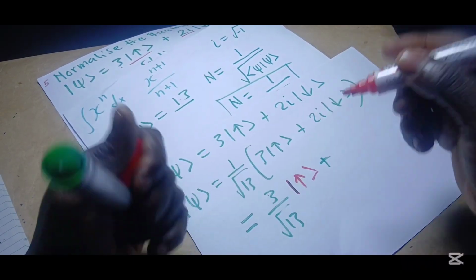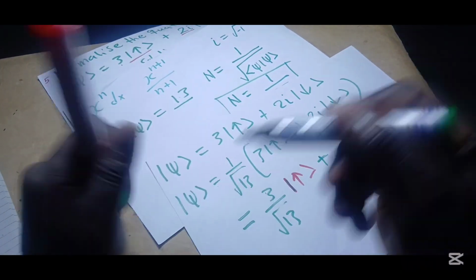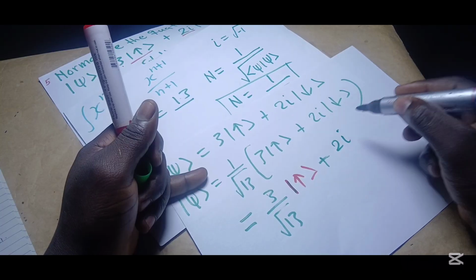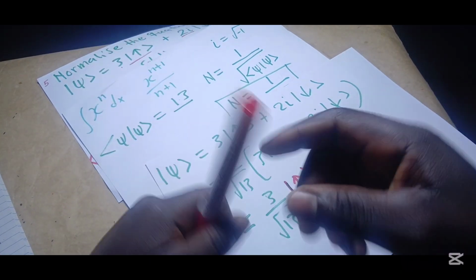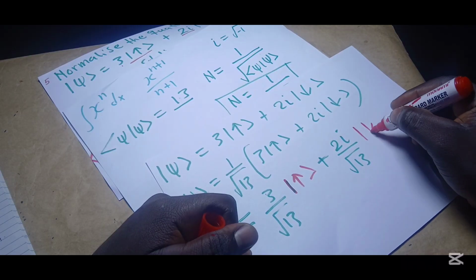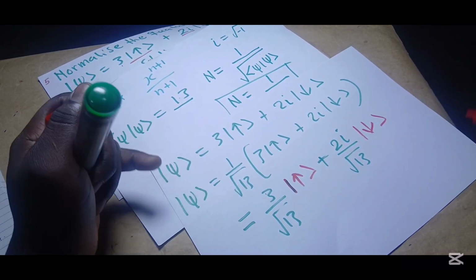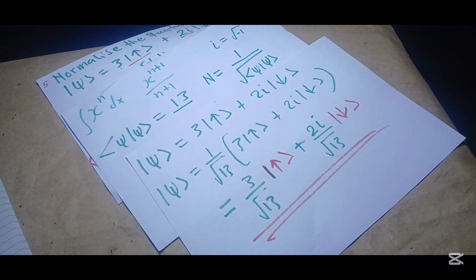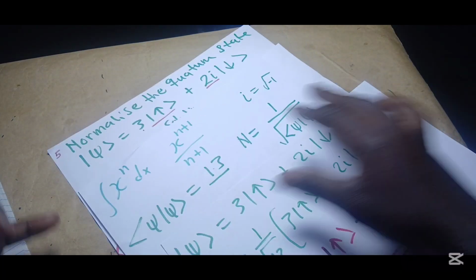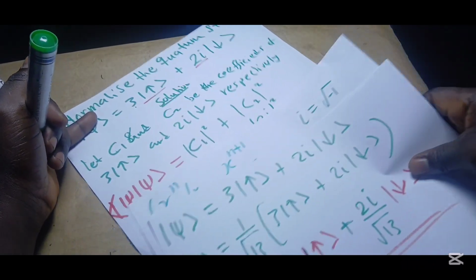You just have to focus on the coefficients. It's going to give us 2i over the square root of 13. Then bring in the remaining term. So this is our normalized wave function, our normalized quantum state.